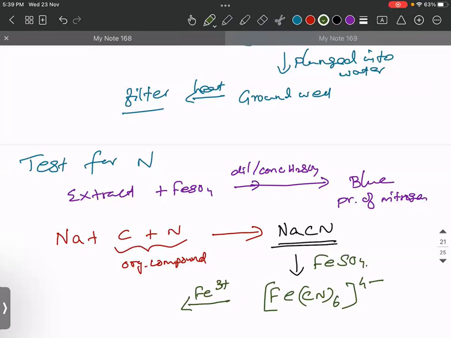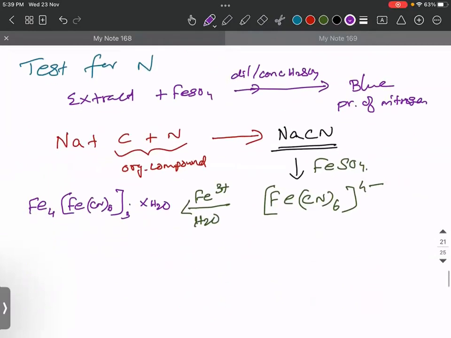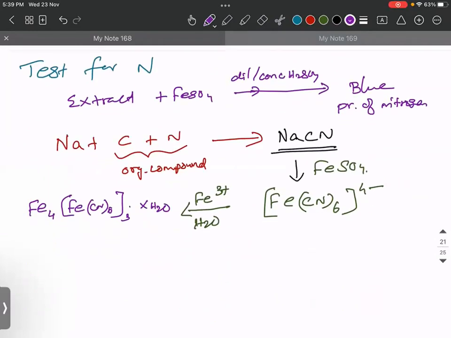Then with the water molecules in that system, it ultimately gives ferric ferrocyanide, Fe4[Fe(CN)6]3·xH2O. This is known as Prussian blue. That's why you get blue color in the solution.